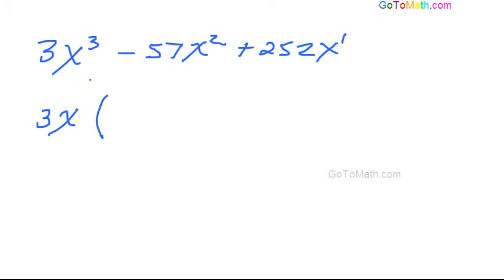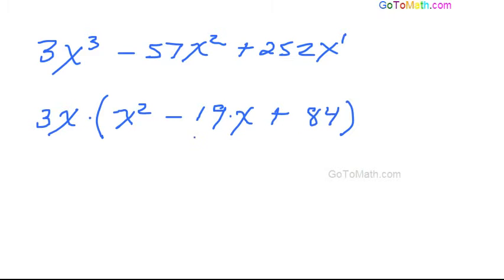We're left with x squared minus 19x, since 3 goes into 57, I believe, 19 times. Plus, 3 goes into 252 84 times. Huh, this is not an easy problem here.